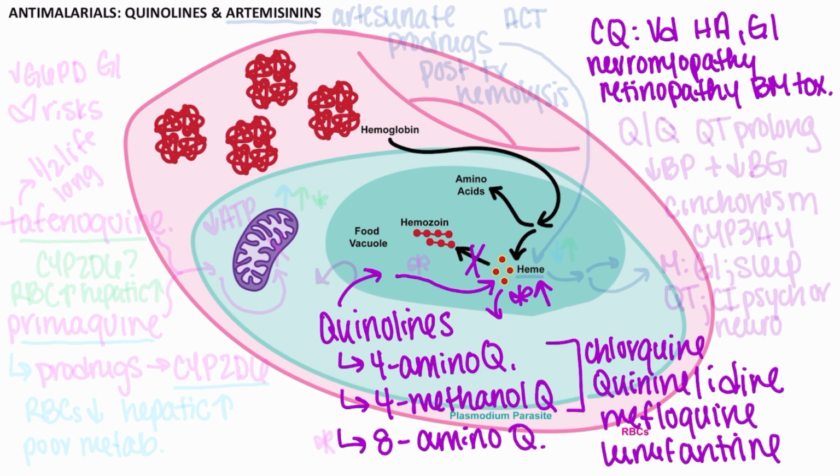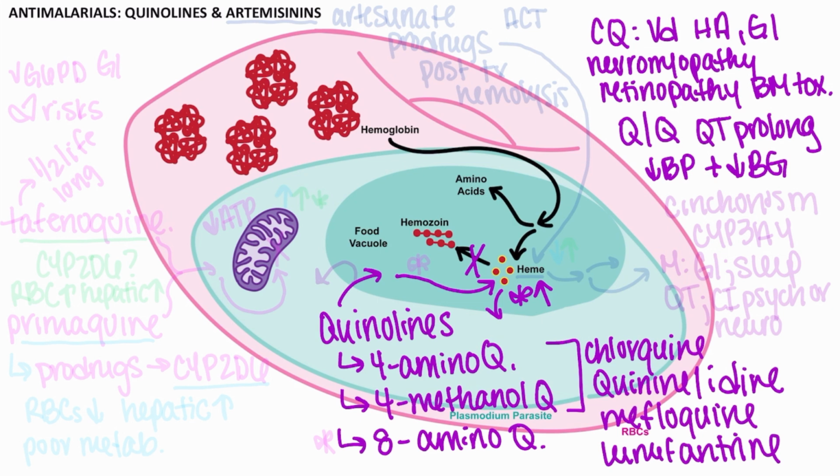So then if we come down to quinidine and quinine, we see a risk of QT prolongation and arrhythmias. We also see the risk of hypotension and hypoglycemia, because these drugs are known to actually stimulate insulin release from the beta cells.